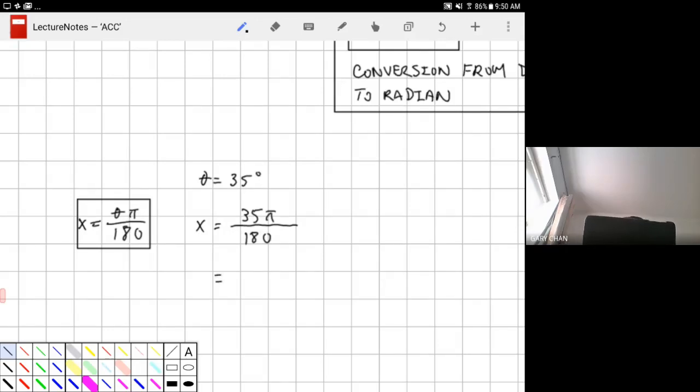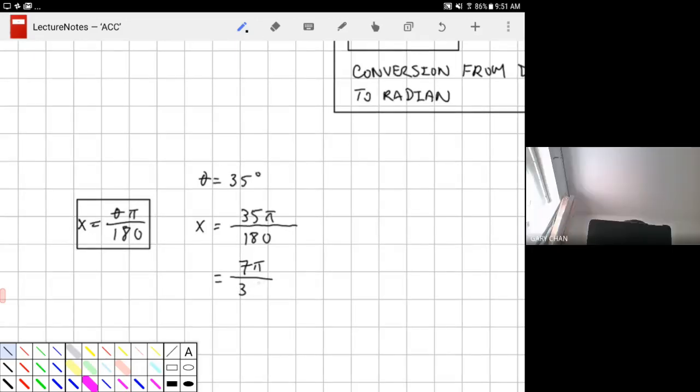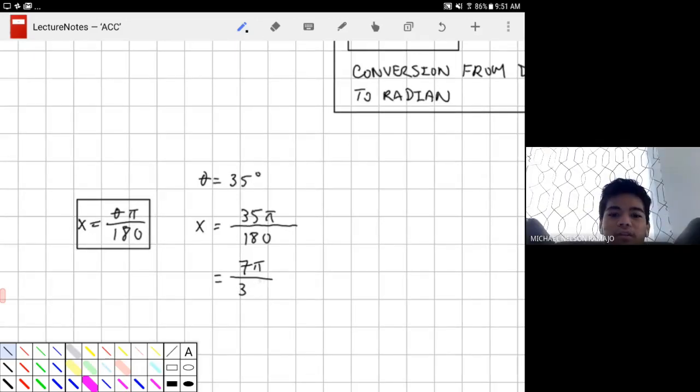That's it. And then we have to figure out whether there is a common factor that divides evenly into 35 and 180. The only one that I can see is 5, going into both 35 and 180. So this becomes 7 pi over 36.